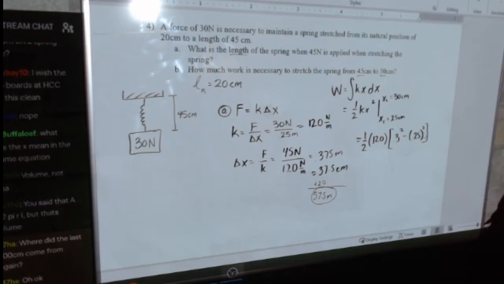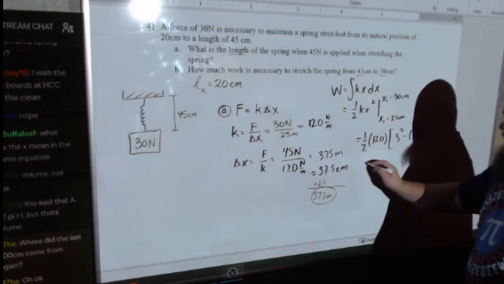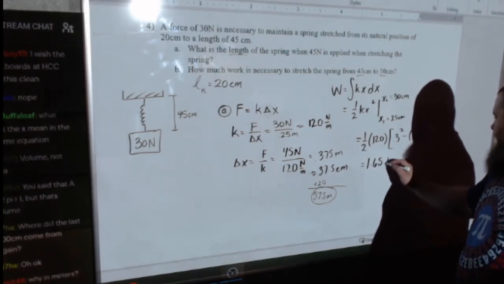And the reason I have to do 0.3 and 0.25 is, once again, those are in centimeters, and I need to be working in meters. So that's just a unit conversion. And let me calculate that real quick. So I get 1.65 joules.